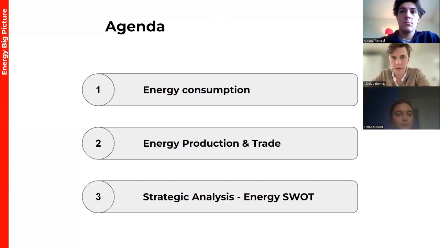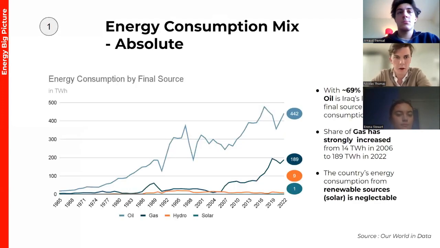To dive into the first chapter, we first present to you an energy consumption mix of all the different final sources that Iraq uses for its energy consumption. As you can see, oil has been the biggest final source of energy consumption since the beginning of this documentation, and is today with around 69% of overall final sources represented here.